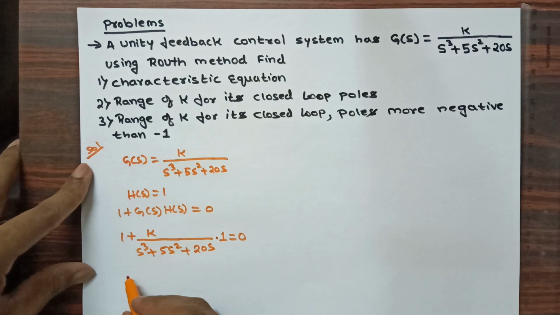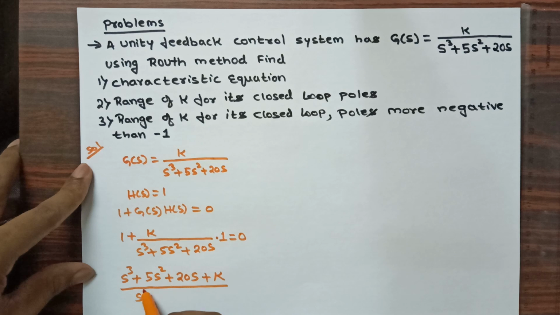Now by taking LCM we will get (s^3 + 5s^2 + 20s + K) whole divided by (s^3 + 5s^2 + 20s) equal to 0.